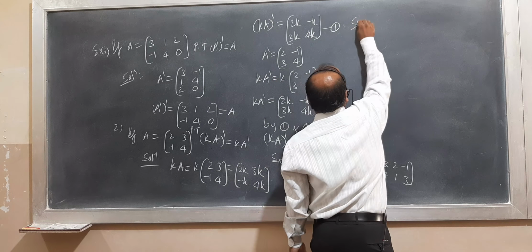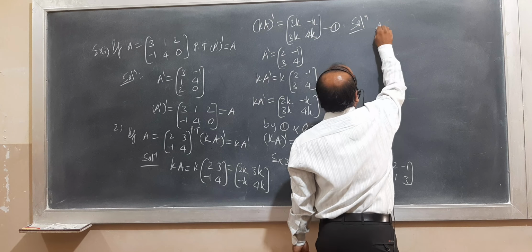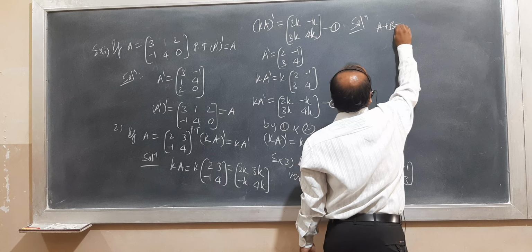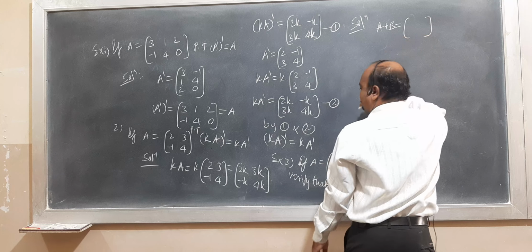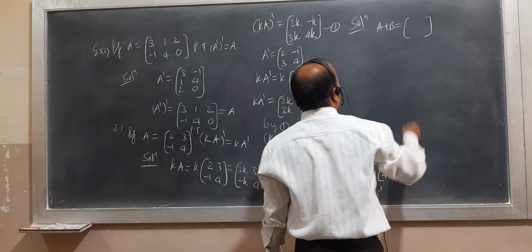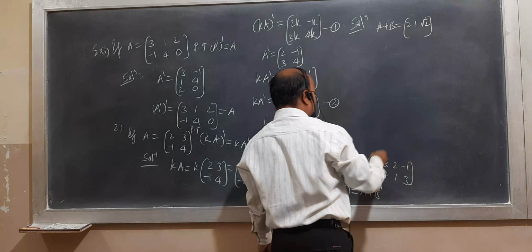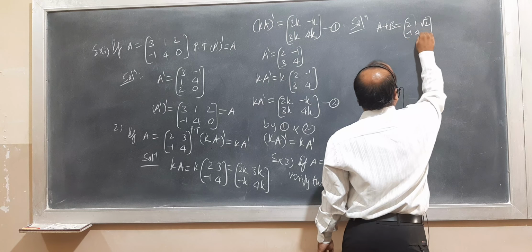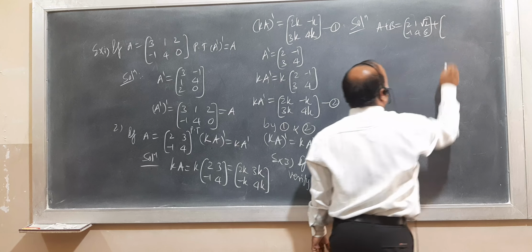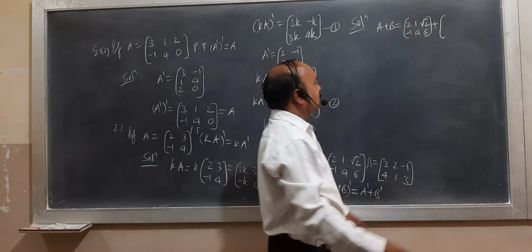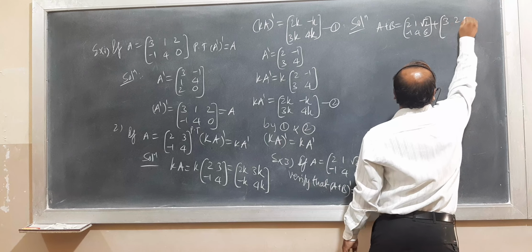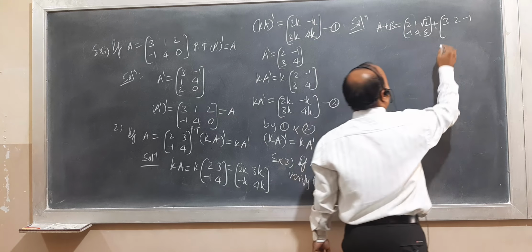For LHS, you first calculate the value of A plus B. A plus B is given by the matrix 2, 1, root 2, minus 1, 4, 6 plus matrix B, 3, 2, minus 1, second row 4, 1, 3.